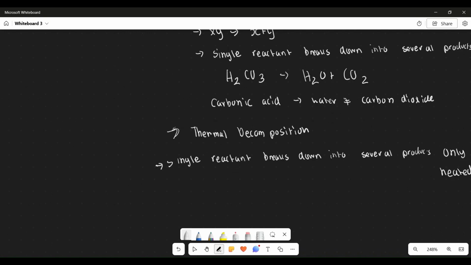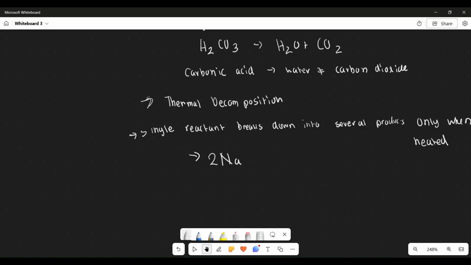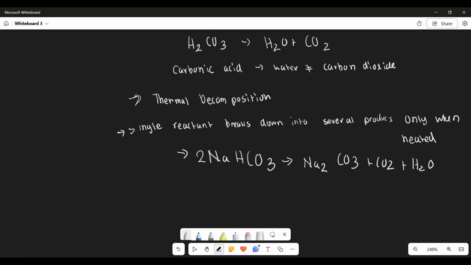An example is 2NaHCO3 turns into Na2CO3 plus carbon dioxide plus water. That's sodium hydrogen carbonate, by the way, and then sodium carbonate.